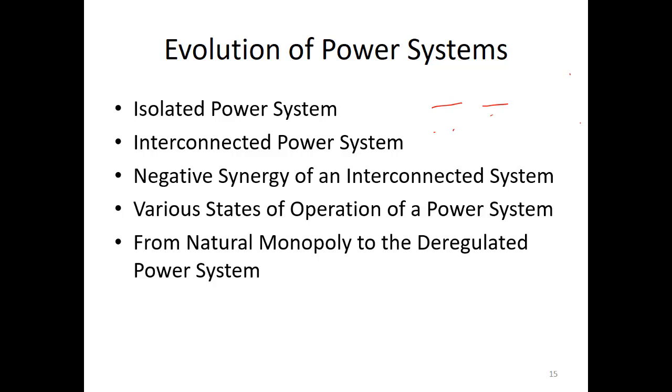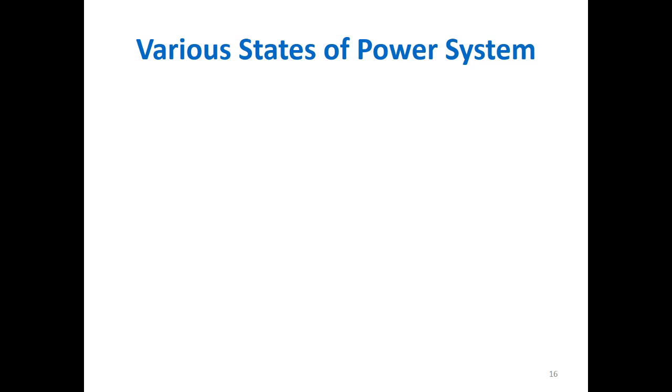In the distribution sector also it happened, and because of this competition has been introduced in the system. Sometimes market power issues come into the picture, and there are a lot of issues of right of way and transmission of electricity because of the deregulation of the power system.